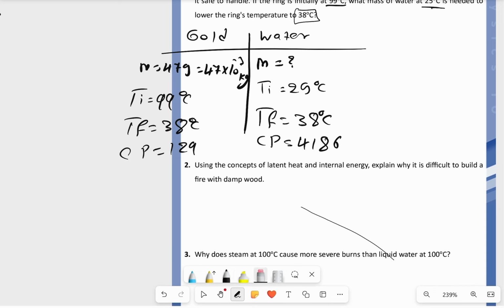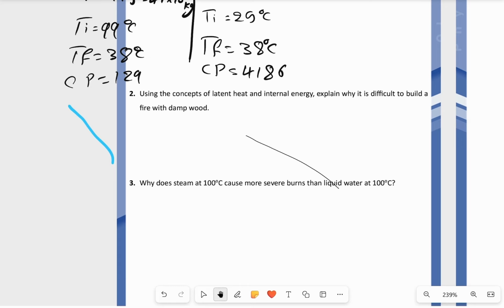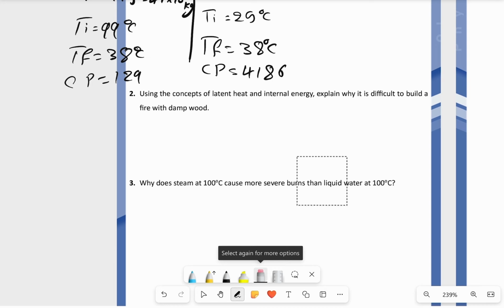Question 3: why does steam at 100 Celsius cause more severe burns than water at 100 Celsius? If you remember, I'll try to relate this to latent heat. We said that in order to change a solid, for example ice, to liquid, we needed something called latent heat of fusion.